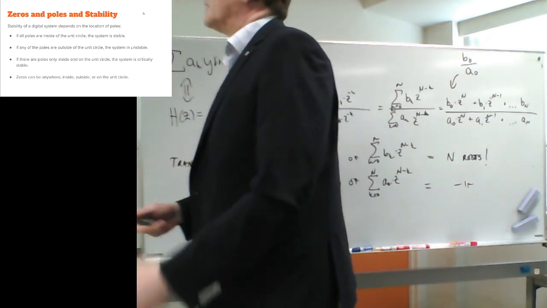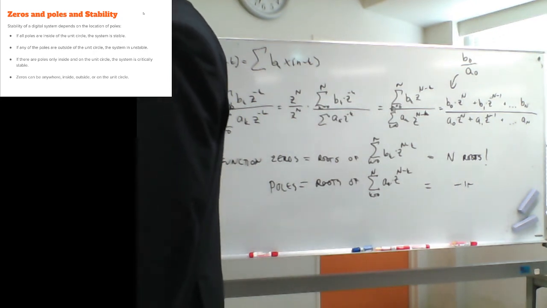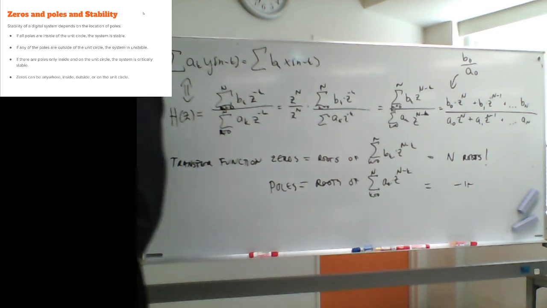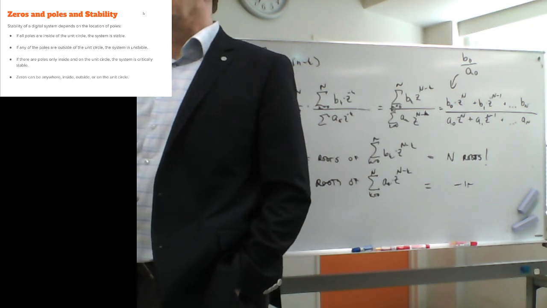Okay. And if the poles are only inside and on the unit circle, that's an oscillator. That's a critically stable system.